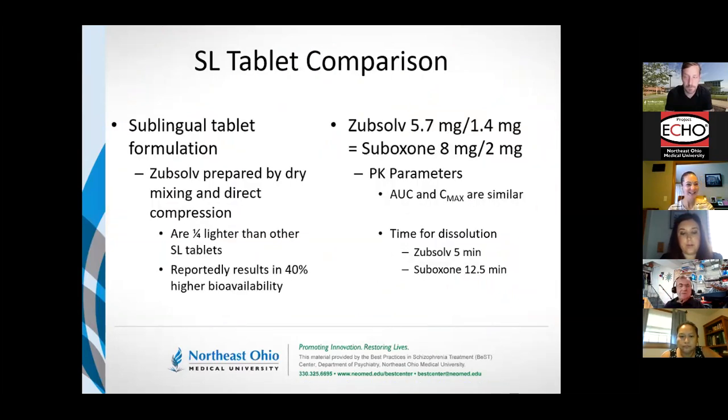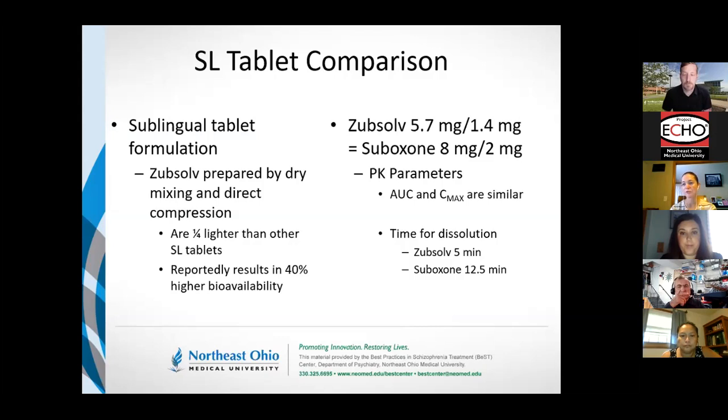And as I had mentioned before, we do have a little bit of a difference with some of the sublingual tablets. So specifically with the Zubsolv tablet, it's prepared in a different way than some of the other sublingual tablets, by dry mixing and direct compression. So those sublingual tablets tend to be lighter, and they have a higher bioavailability.